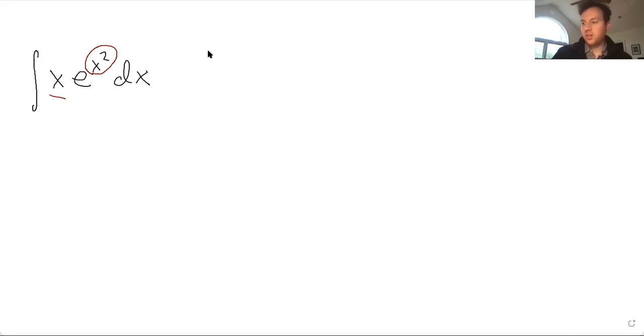So we go ahead and try to do the U-substitution. U is the inside function, so that's x squared. Take the derivative, du is 2x dx. And then what we see is that back to the u is x squared.